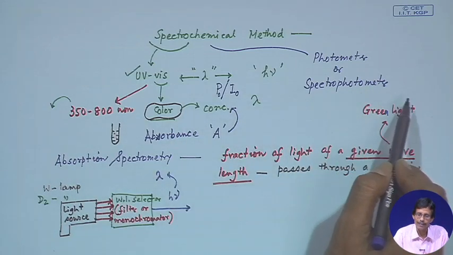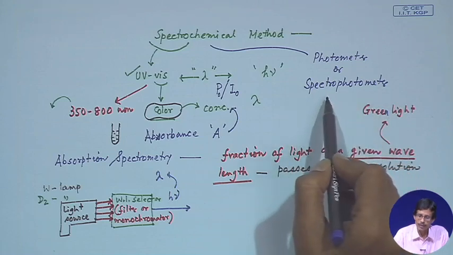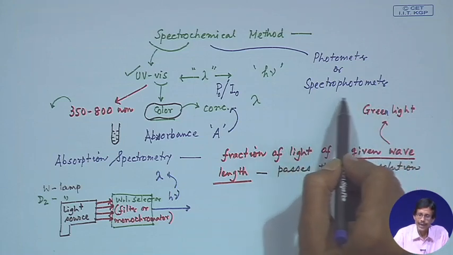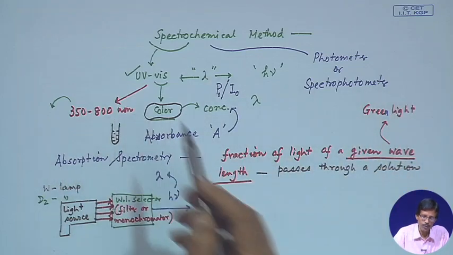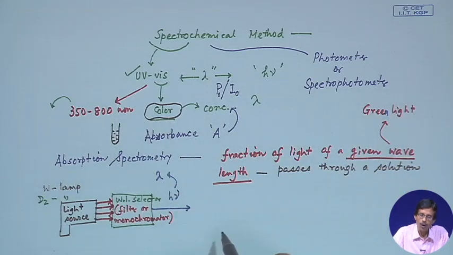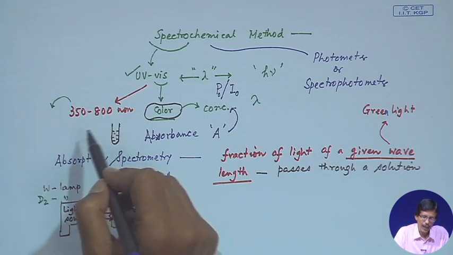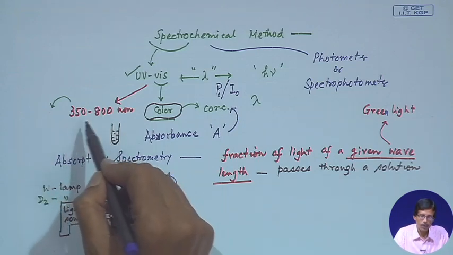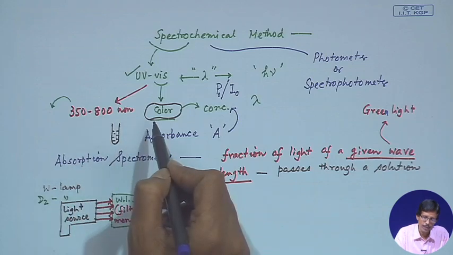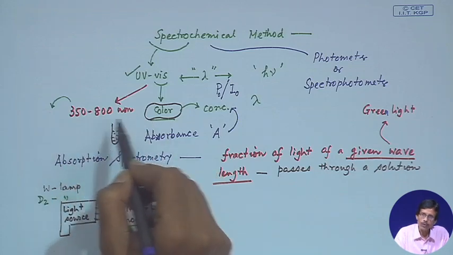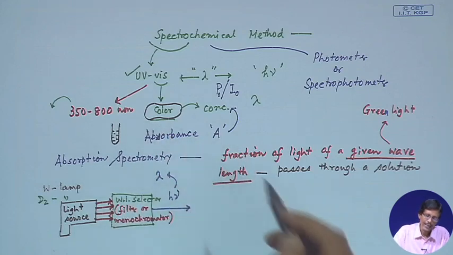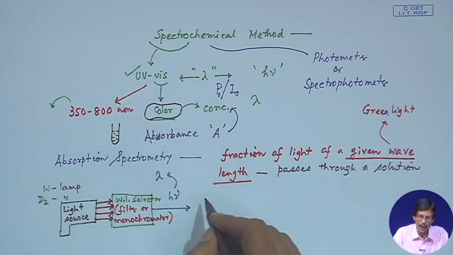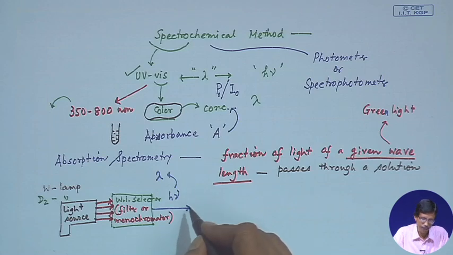The automated process is available such that we can scan the entire range, from 350 to 800 nanometer, with one wavelength falling after another. So, suppose 350, 351, 352, 353, all these things. At different wavelengths, how we can measure the corresponding absorption is the basic or fundamental idea behind this particular technique.